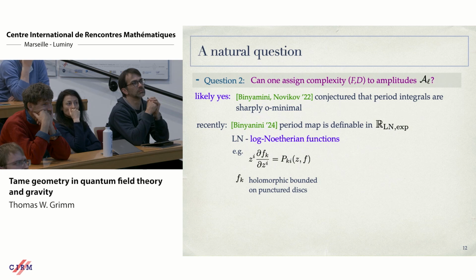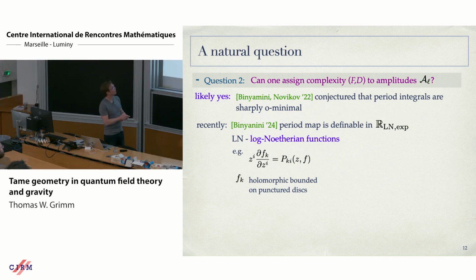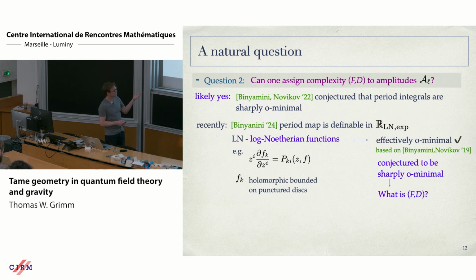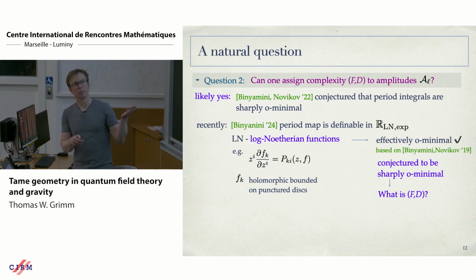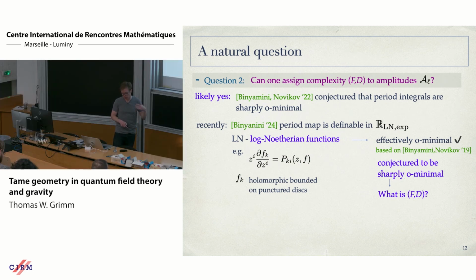Okay? And one can show that the periods are definable in this structure. And in fact, it was shown, using this very important work on cell decomposition, or extending it, that it's effectively o-minimal, but it's only conjecturally sharply o-minimal. So my question, what is F and D, remains.